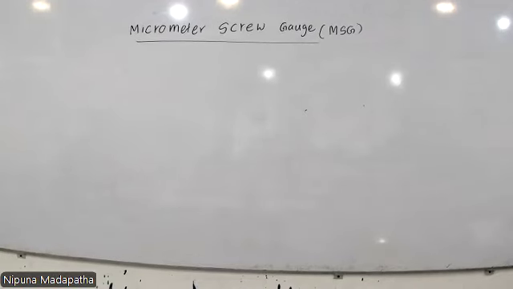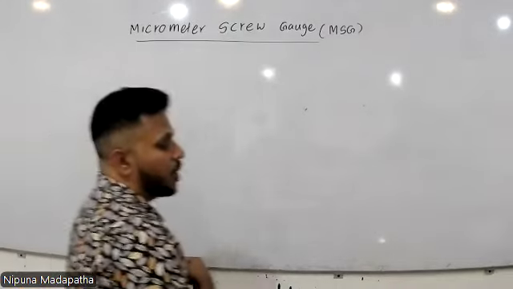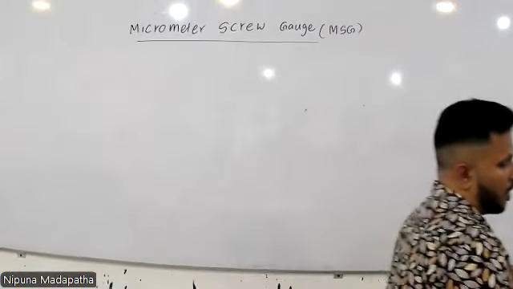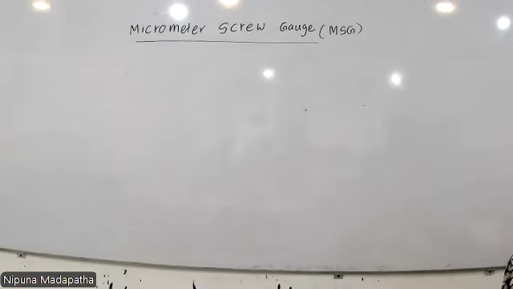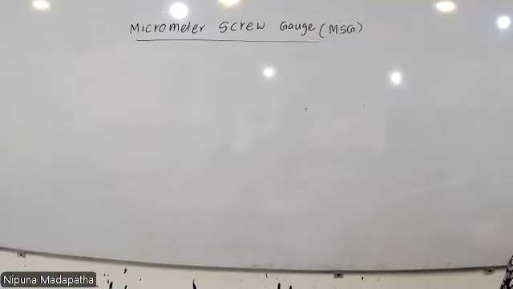As the name says, micrometer. Micro means extremely small, of the order of micro. The micro prefix is 10 to the power -6, one millionth of a meter.